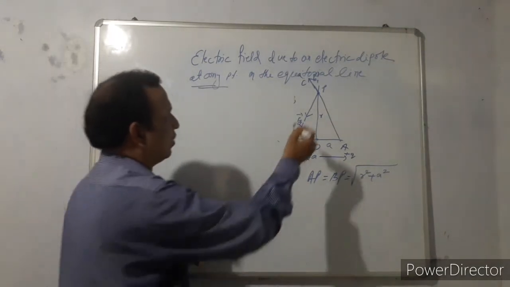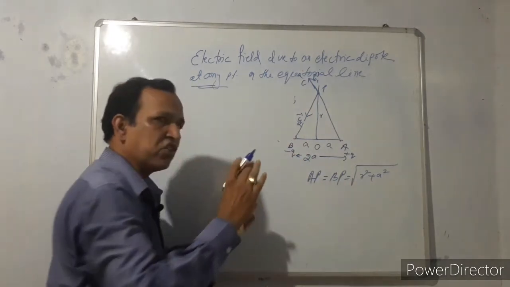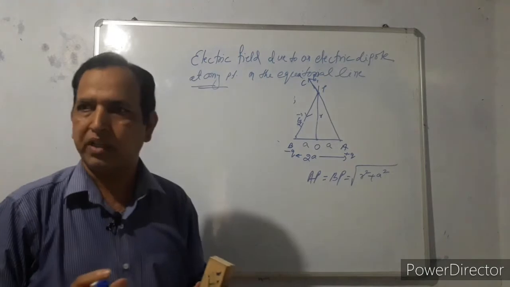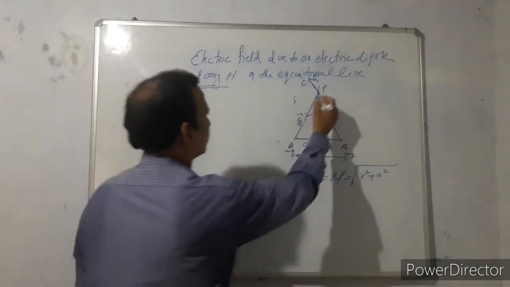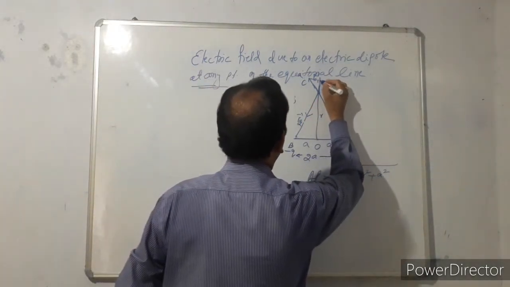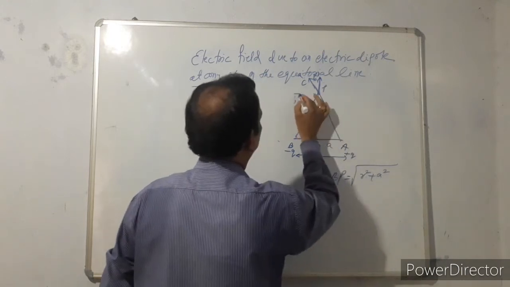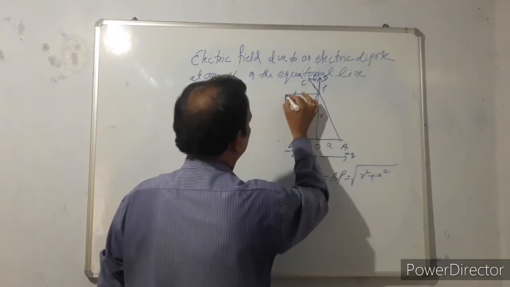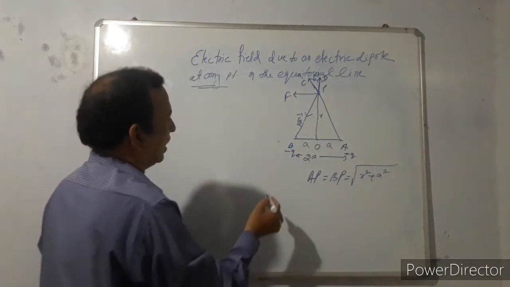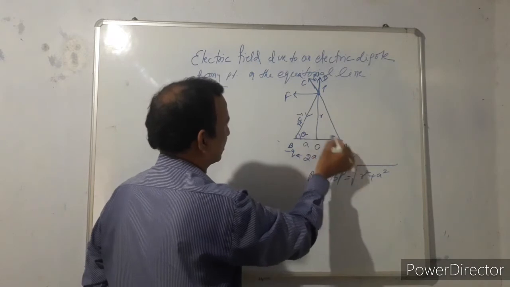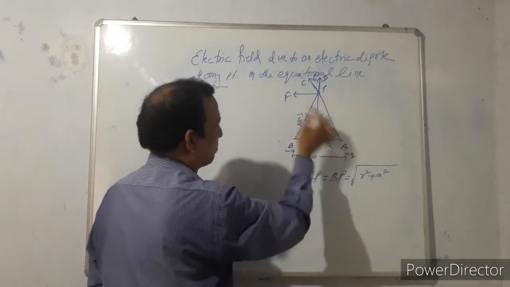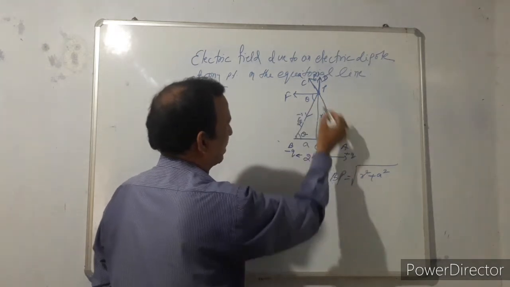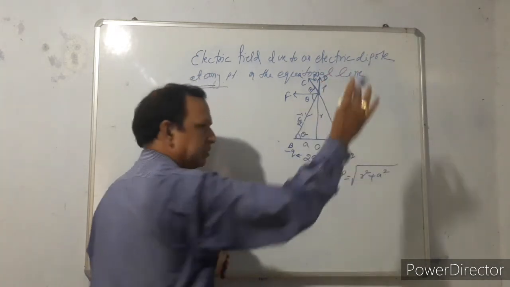E1 is resolved into two rectangular components, one vertical and one horizontal, PD and PF. This angle is theta, this is also theta. These two are parallel, so this is also angle theta.